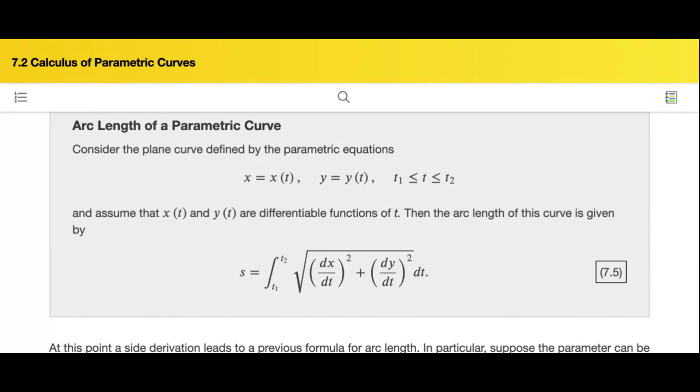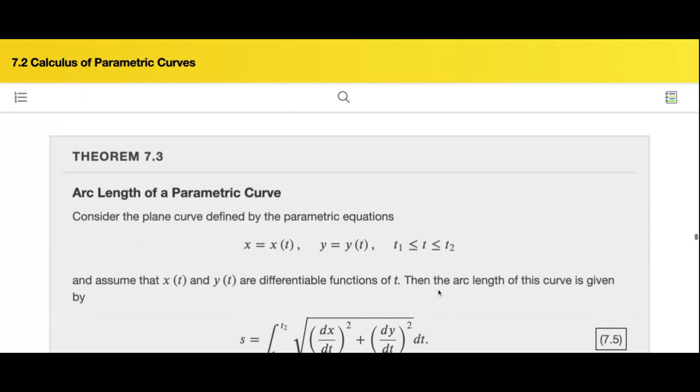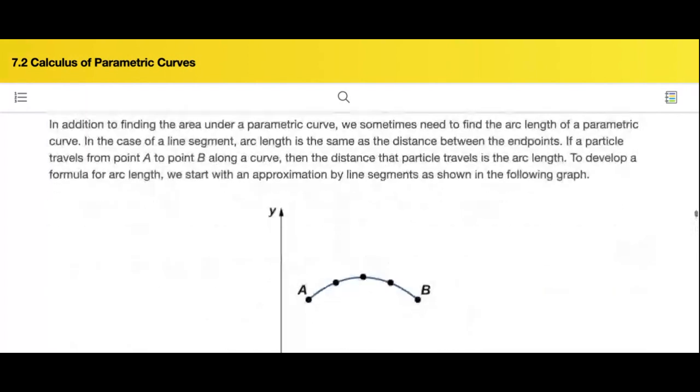That's very obvious, right? We approximate with triangles. So the square root of x prime of t squared plus y prime of t squared. So x prime squared plus y prime squared, then square root. It's kind of obvious. We don't have to go through the picture.